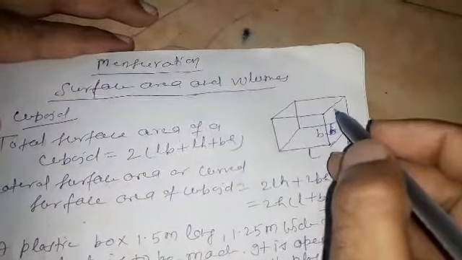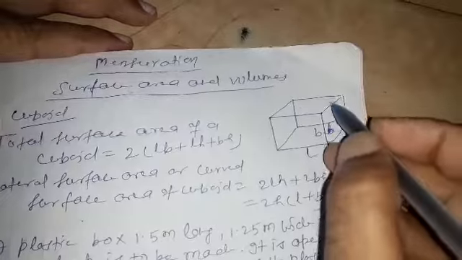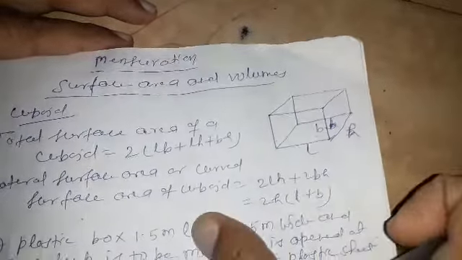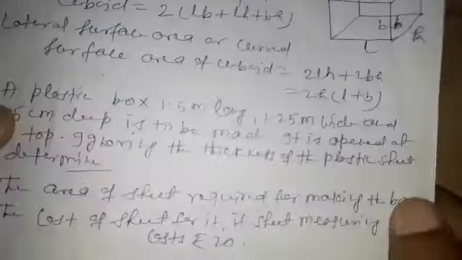The cuboid is made by 6 rectangular surfaces. Just like this copy is just like a cuboid. It has 6 faces.